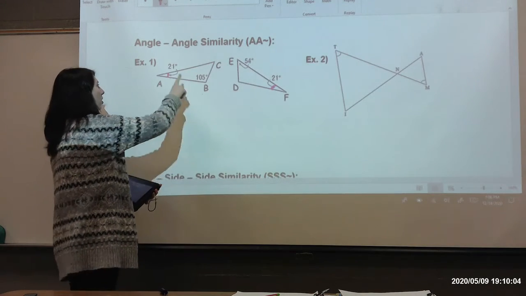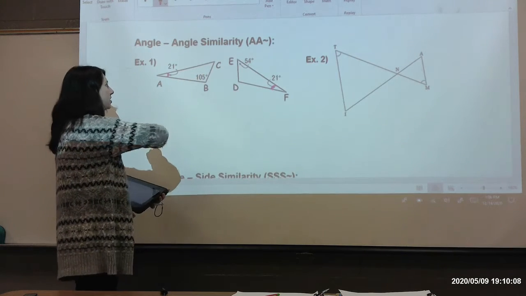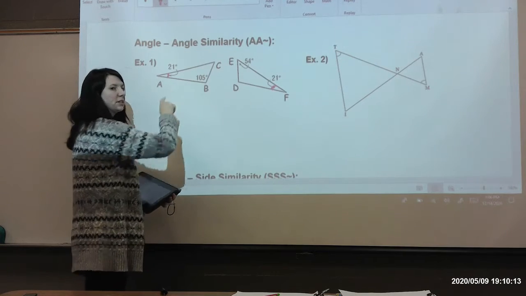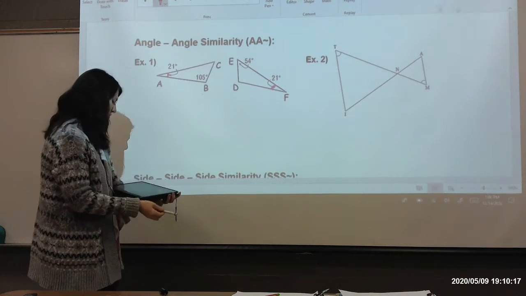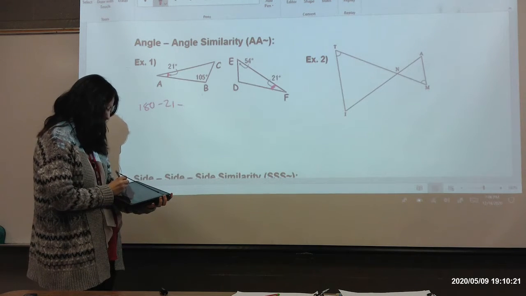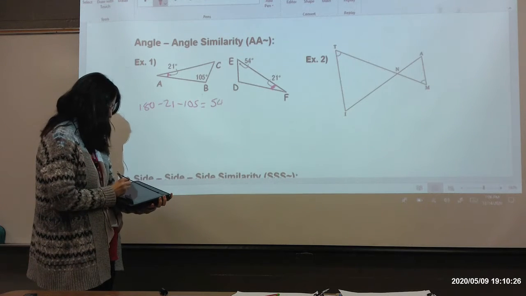So like I said before, all 3 angles have to add up to 180 degrees. So if this is 21, this is 105, what would this third angle have to equal? If you're not sure, you can do 180 minus 21 minus 105, and when you do that, you will get 54.